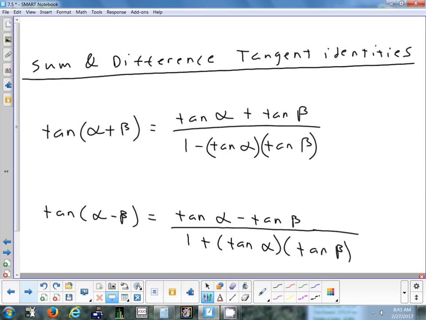Just the minus changes to a plus and plus changes to a minus. Okay, so tangent of a sum is tangent first plus tangent second over 1 minus tangent first, tangent second. And again, when you work with angles here, make sure alpha and beta are still 30s and 45s.